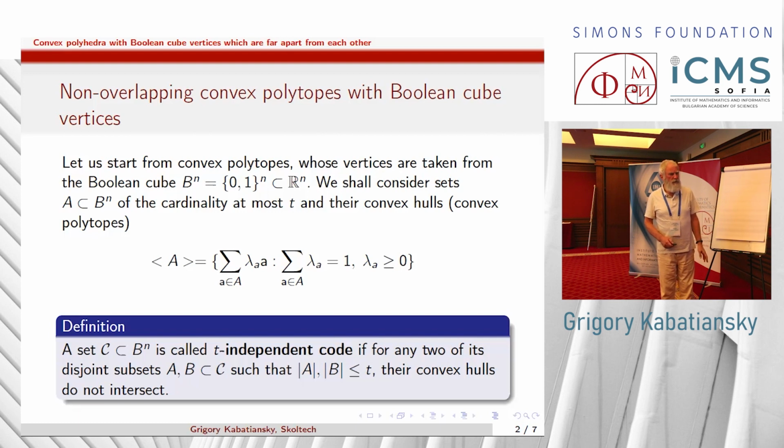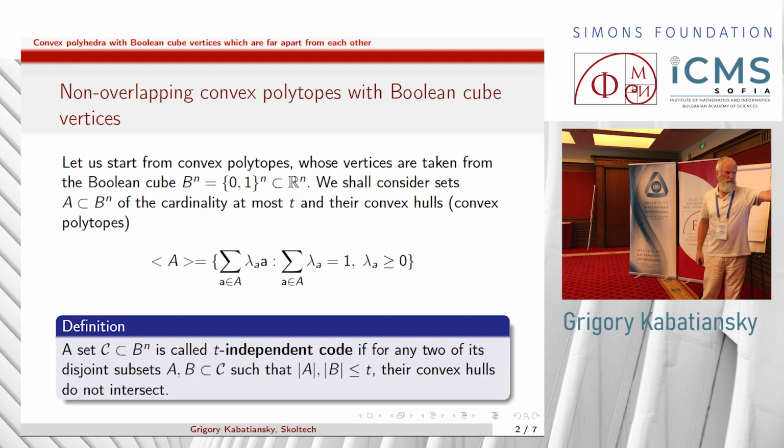In fact, it's clear what we want to have. I have one convex hull. Then imagine I have another set B. How may it happen that they intersect? If they intersect, there is a joint point which could be written as some lambda A or some lambda B. It means that these two sets together, two sets of vectors, are linearly dependent.